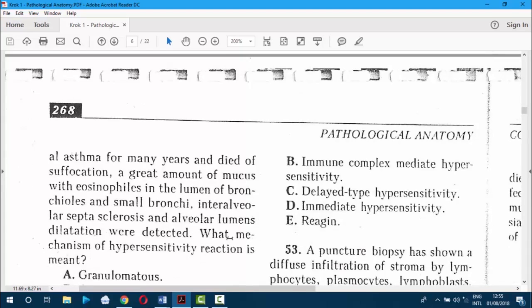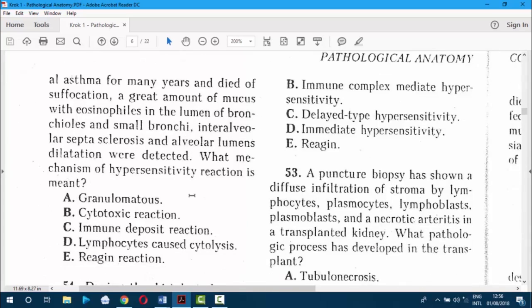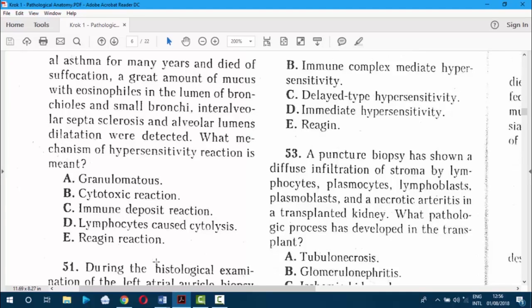What mechanism of hypersensitivity reaction is it? Always know that asthma is always type 1 hypersensitivity, which here is the reagin reaction, another term for type 1 hypersensitivity. So your answer is A.